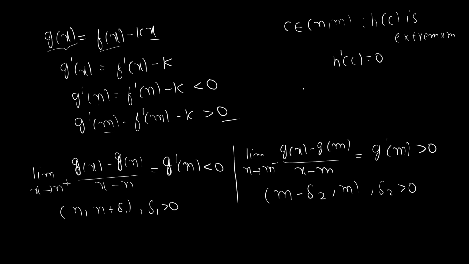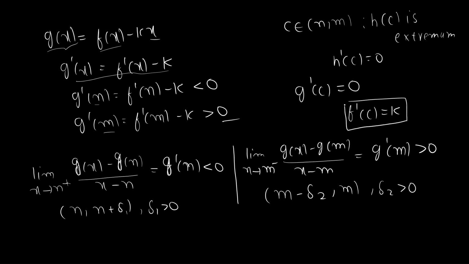So now this will imply that g dash of c is equal to 0. If I put in c in this equation, I get f dash of c is equal to k, which was what we were supposed to prove in the Darboux theorem.